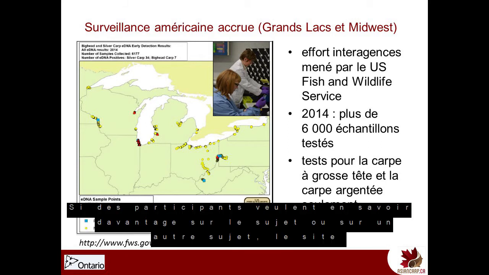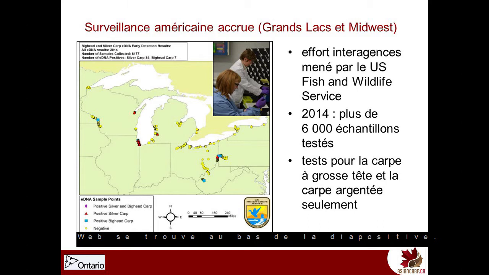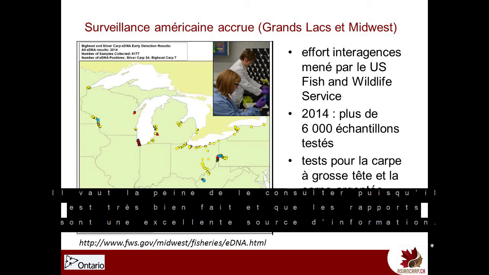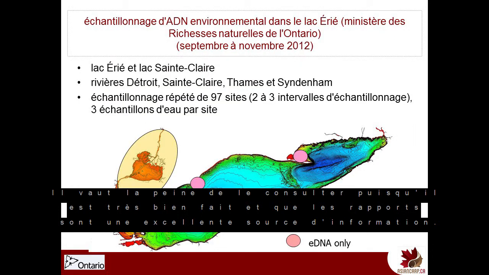If people are interested in seeing this in detail or want to find out more about a particular area, the website for this is listed at the bottom of the slide. It's well worth looking at. It's a very well organized effort, and they're doing a wonderful job of reporting as well.